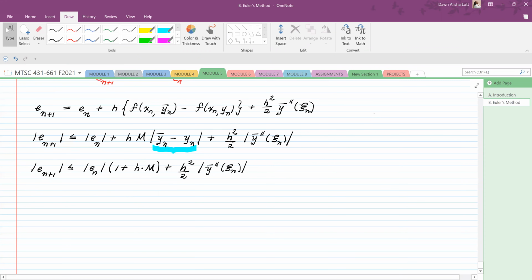This says the absolute value of E1 is less than or equal to the absolute value of E naught times 1 plus hM plus h squared over 2 the absolute value of y bar double prime of some c naught.